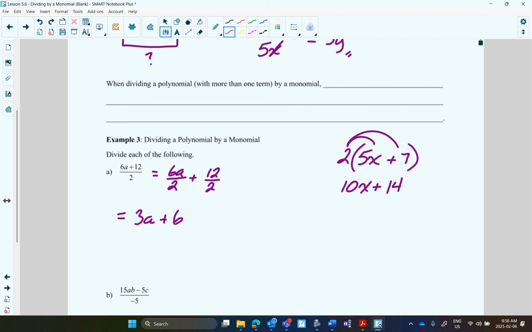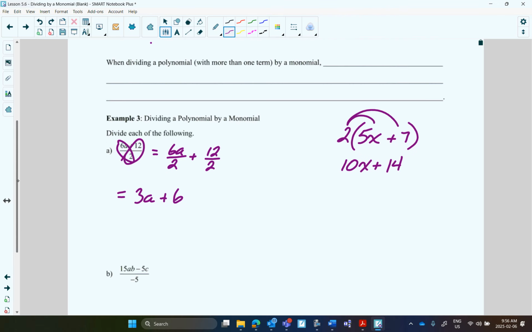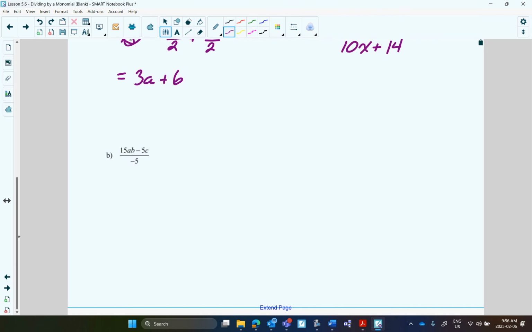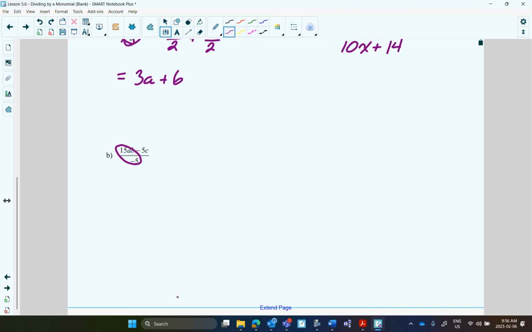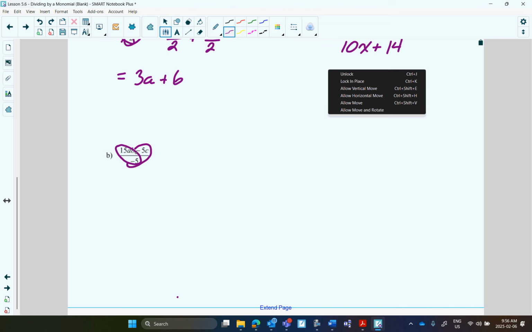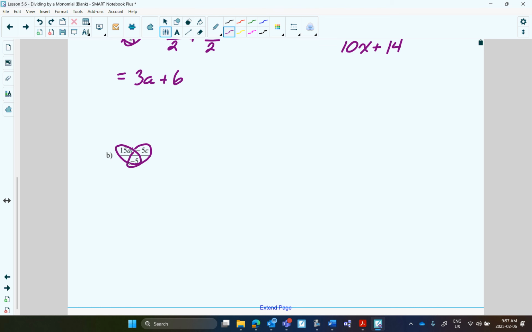Okay, so whenever you see a division question like that, you're going to do more than one division. You've got to divide everything up top by 2 in that question. Here, instead of writing it out like that, I'm going to have to divide 15ab by -5 and -5c by -5. Is it -3ab plus c?